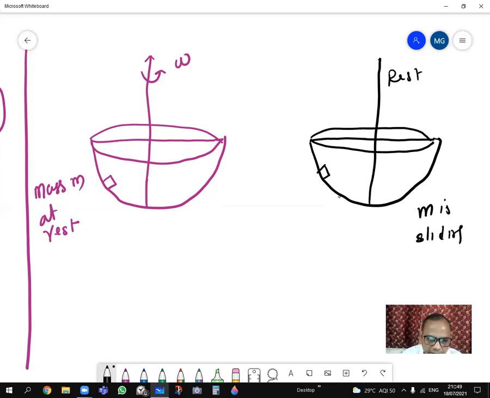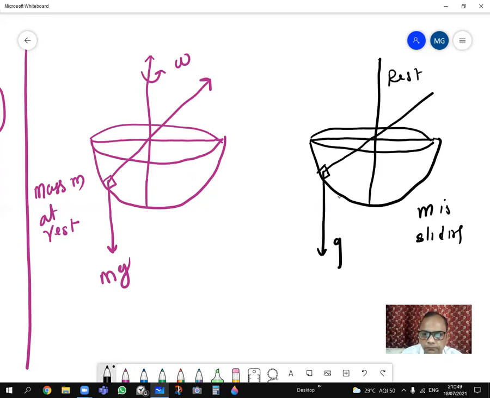You will find similar free body diagram. For this, mg is acting downward and normal is acting in this direction. Similarly for this, normal is acting in this direction and mg is downward. Everything is same.